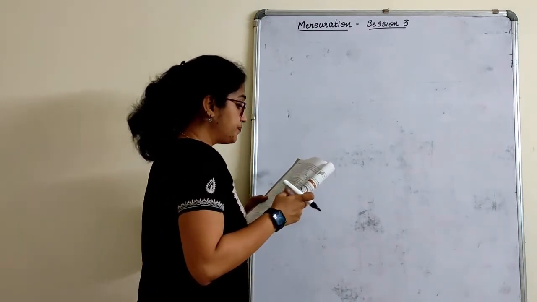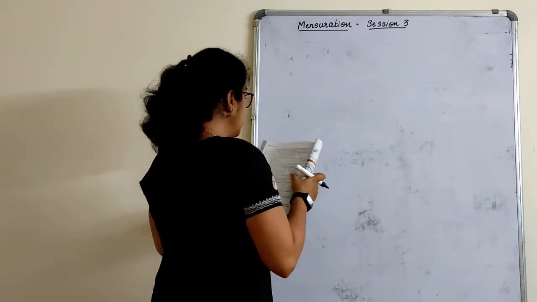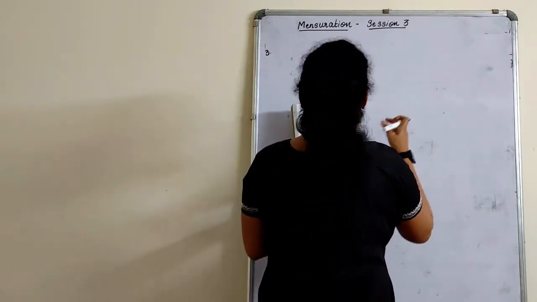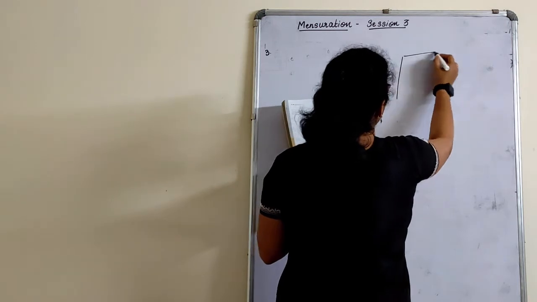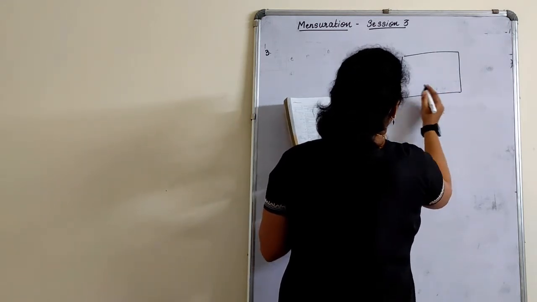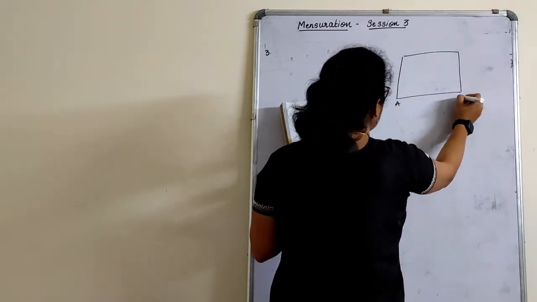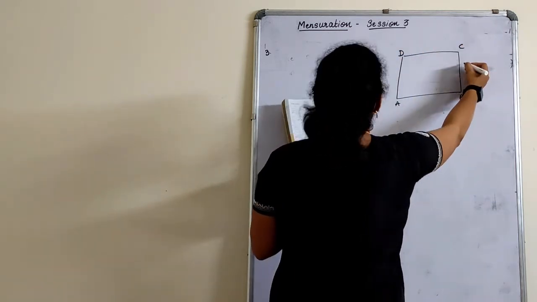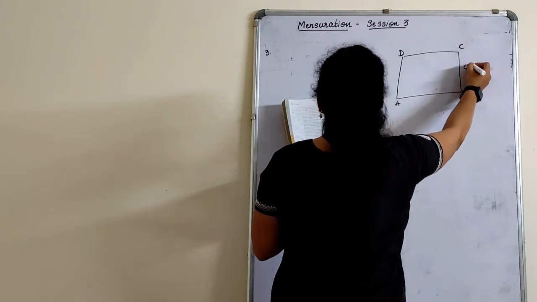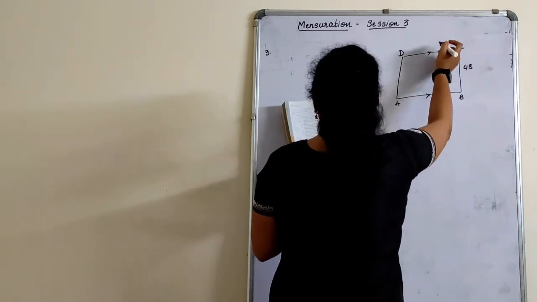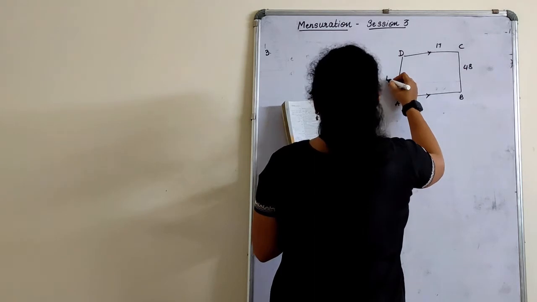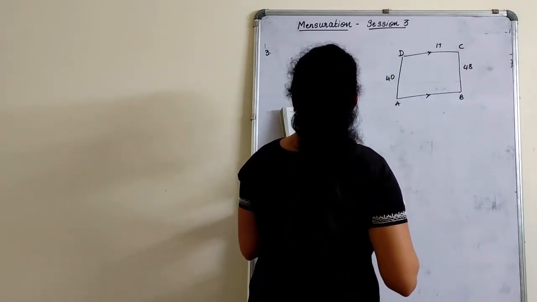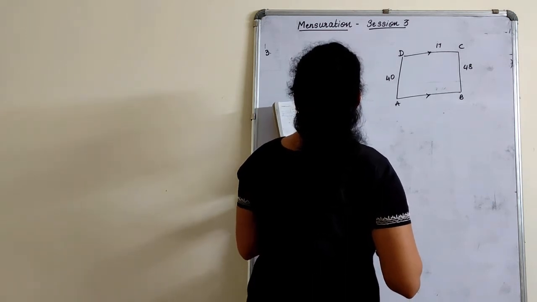The next one. Third one, the length of a fence of a trapezium shaped field ABCD is 120 meter. If BC is equal to 48, CD is equal to 17, AD is equal to 40, find the area of the field, and side AB is perpendicular to side BC.